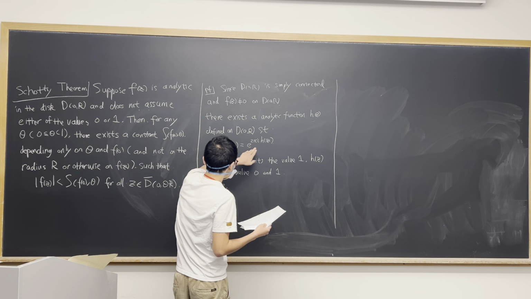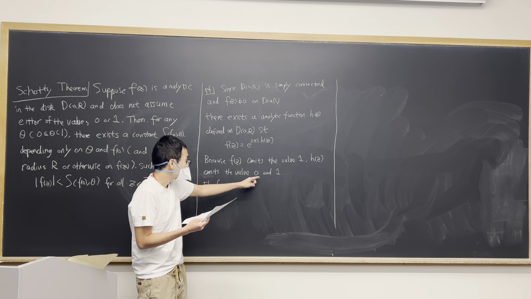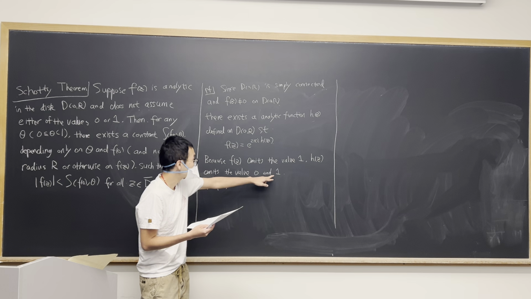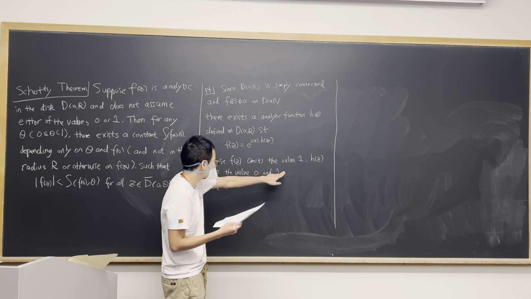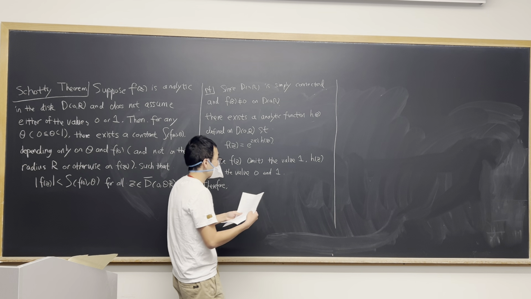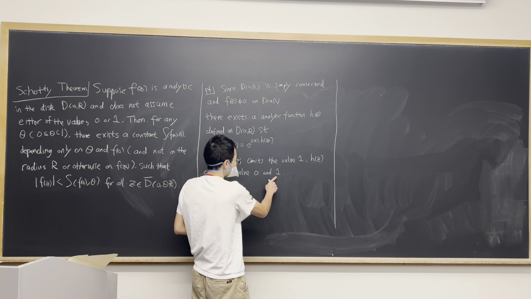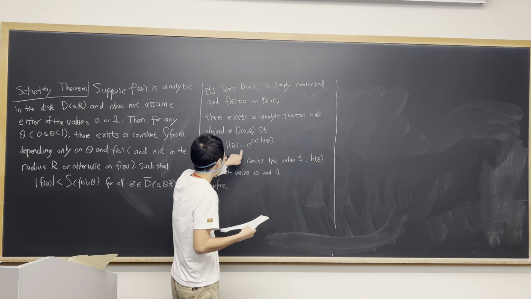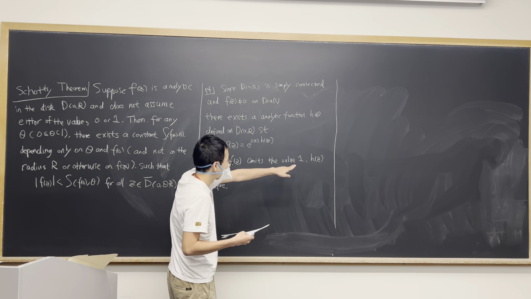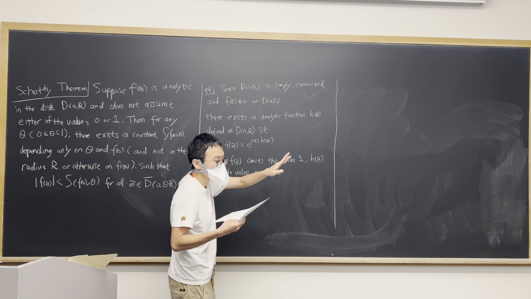So h(z) is kind of like the log function for f(z). Also, because h(z) omits the value 1, the function h(z) minus 1 will also omit the value 0. So we can apply the same thing for h(z) minus 1, and then we'll get these two functions.